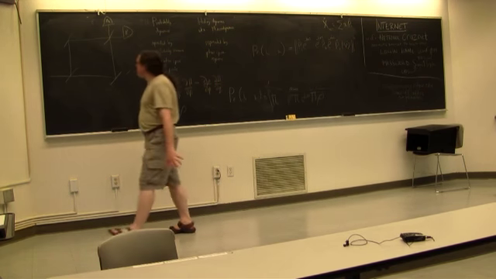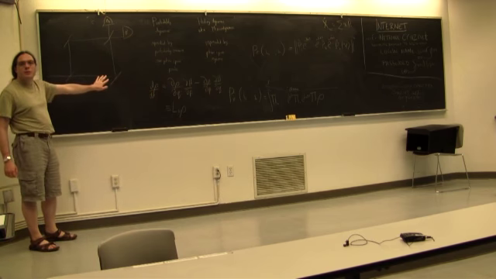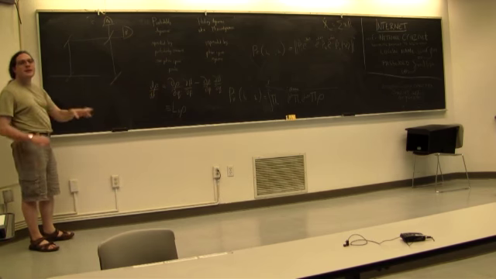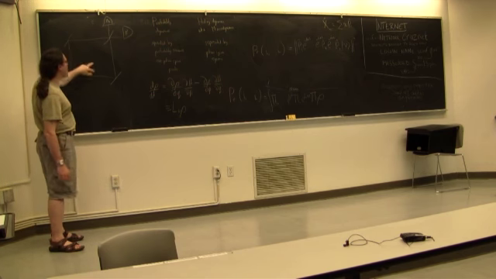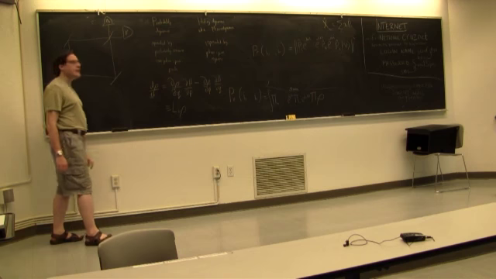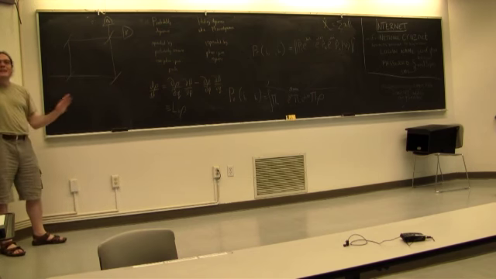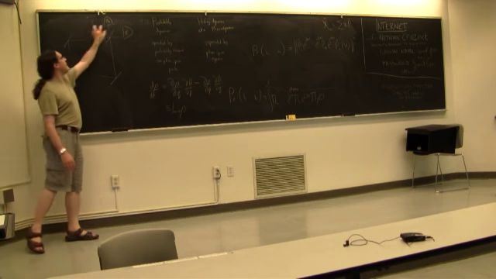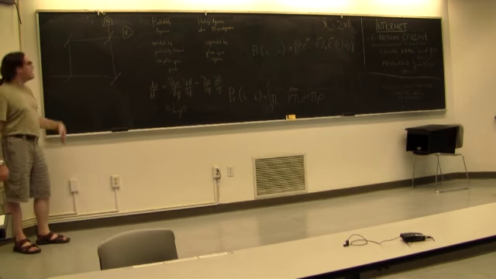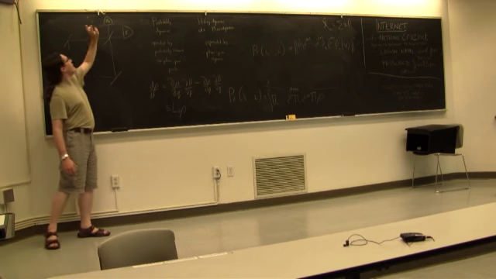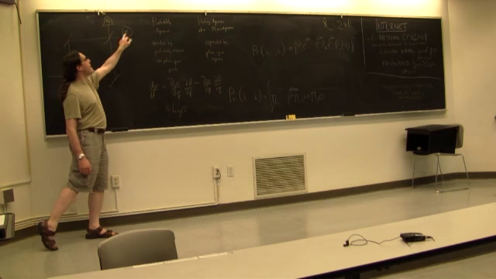So I won't go through the whole story, but if you imagine running this formalism on a nice simple starting point like this and just say, well, my histories just have two steps. I'll ask, is the system here or here at time 1? And then I'll ask, is the system here or here at time 2? There are going to be fine-grained histories like here and then here, or here and then here, but there are also going to be coarse-grained histories like never mind when it was here, all I care about is it ended up here, and never mind when it was here, all I care about is it ended up there.